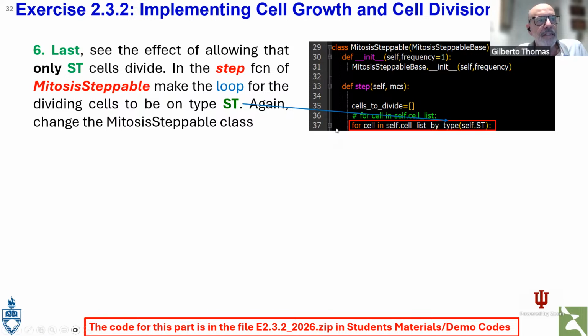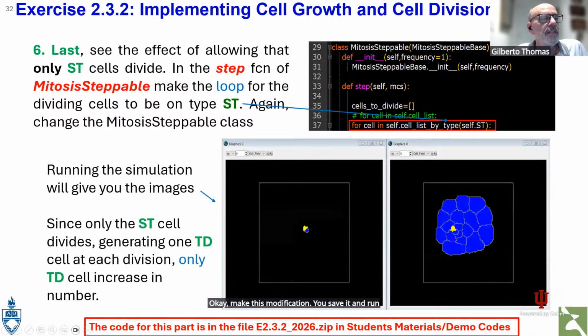Okay, make this modification, you save it and run, and you should have something like that. So you start with one yellow cell and end with only one yellow cell, and all the others are growing indefinitely because now they are not dividing anymore.